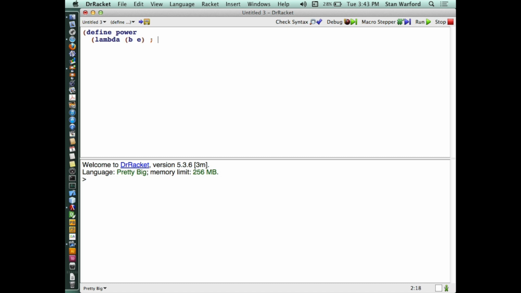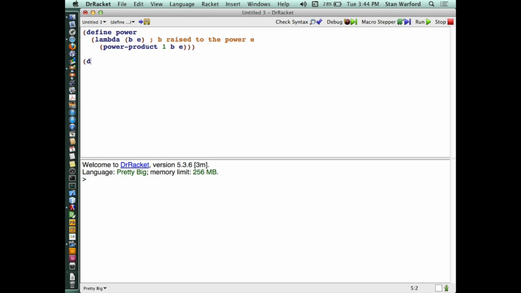Let's say this is B raised to the power E. And now what is it going to call? Power product. And what is power product going to be? 1, B, E. Exactly.